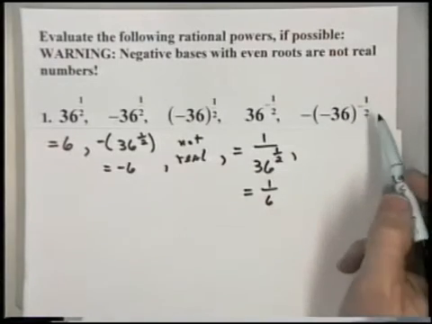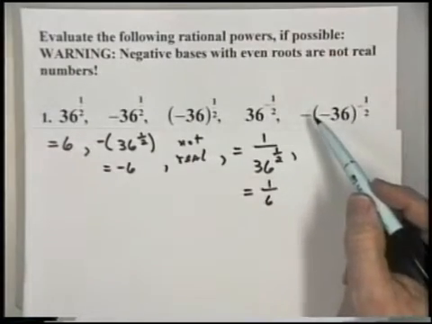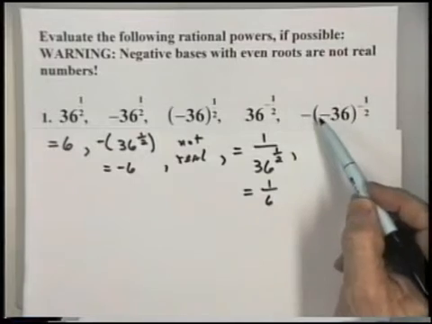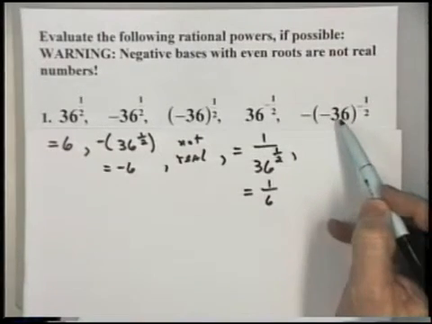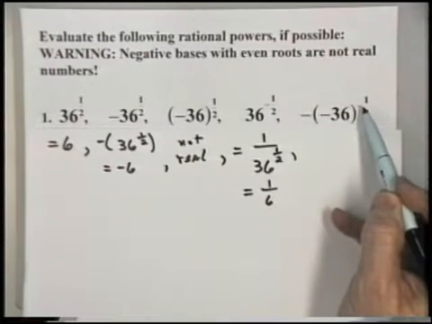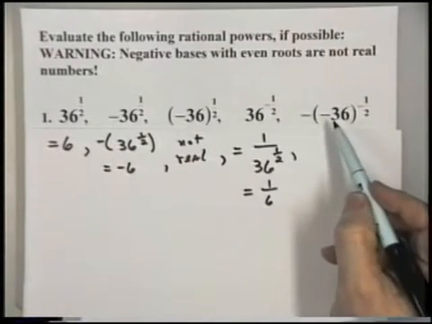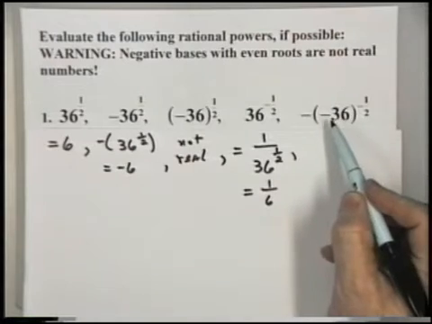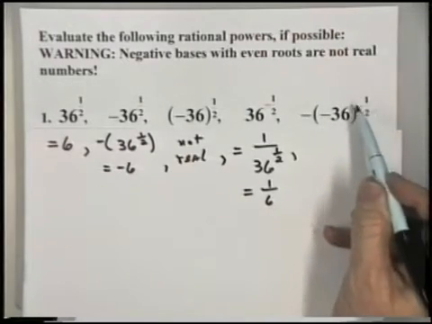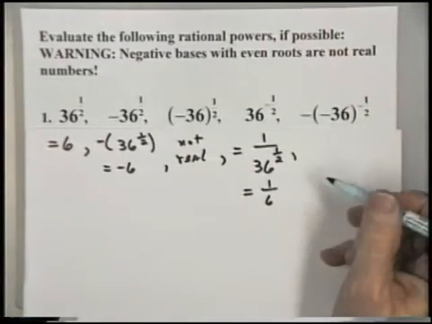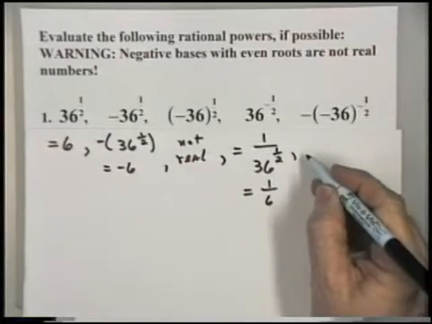And finally, this last one's got a negative sign just about every place possible. How do you read that? It says the negative of a negative 36 raised to the negative 1/2 power. Well, definitely we have a negative base. But we have a negative exponent here, which might be a little confusing.